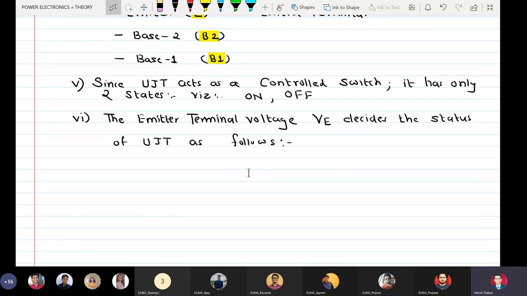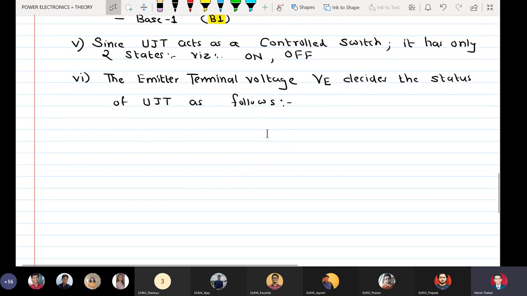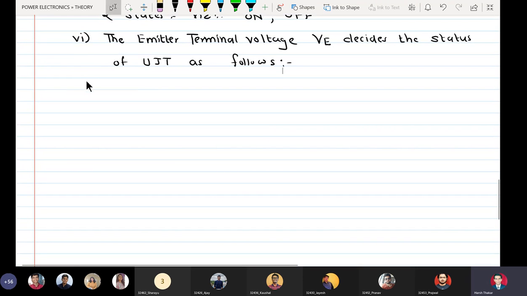Similarly, UJT has two different voltage levels. Just like SCR has two critical current levels, latching current IL and holding current IH, similarly UJT has two critical voltage levels. One is called a peak voltage, second is called a valley voltage.